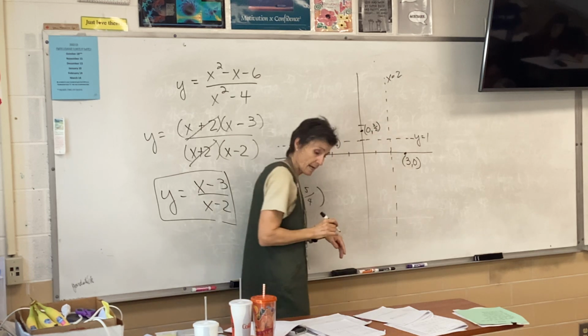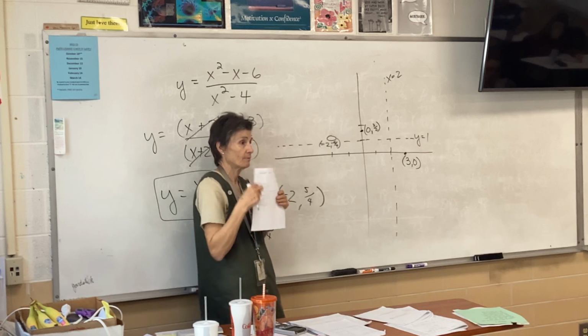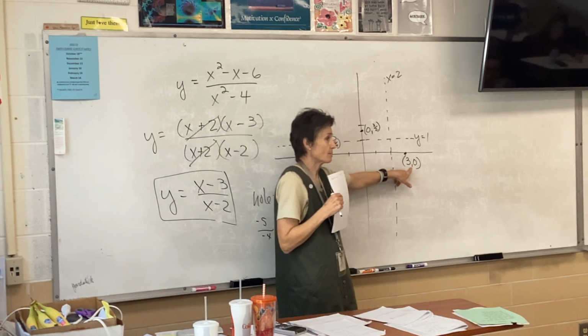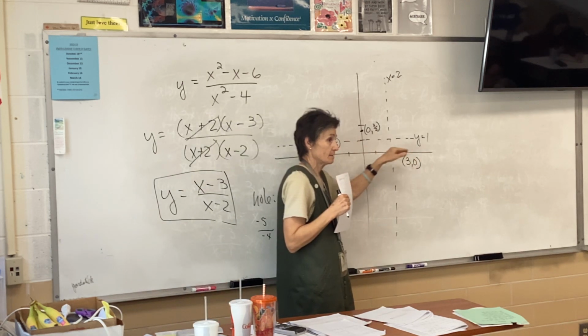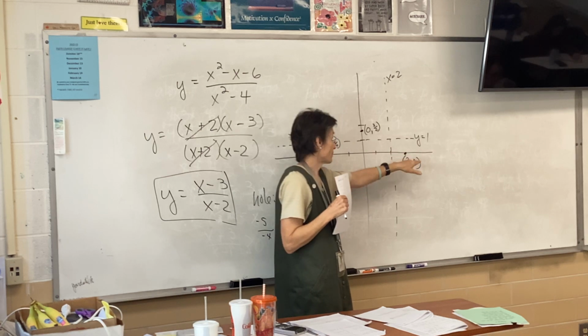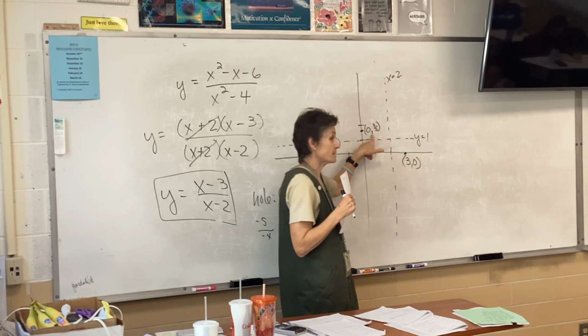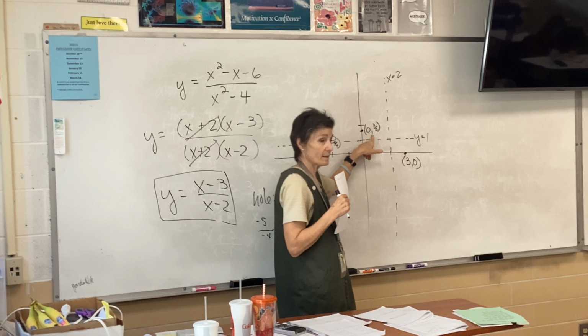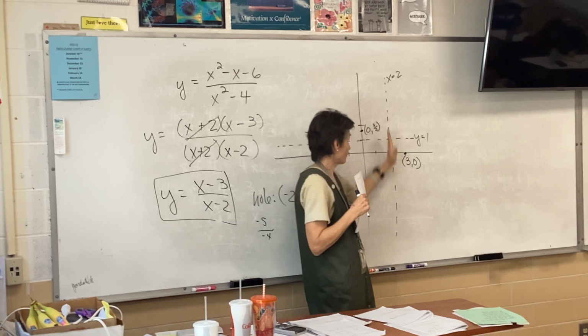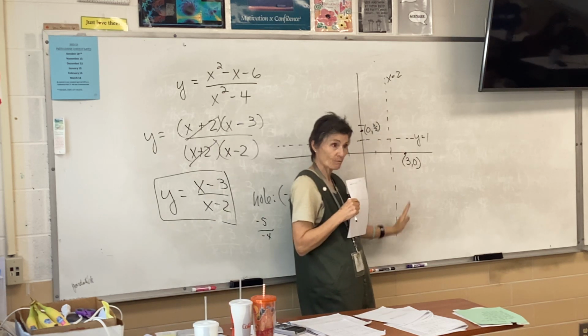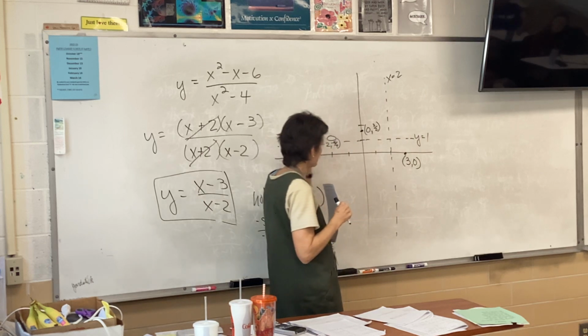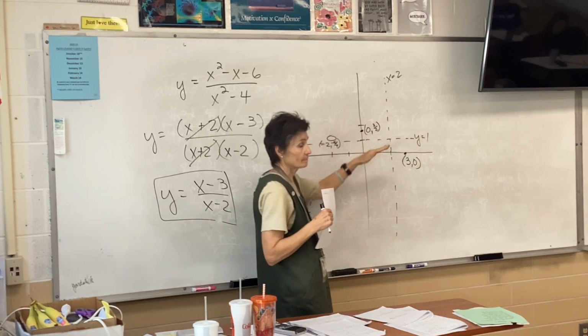So if you're looking at your list of stuff, this is your x-intercept, because look where it is. It's on the x-axis, so that's your x-intercept, and this is your y-intercept. This is your vertical asymptote. Look, it's vertical. This is your horizontal asymptote.